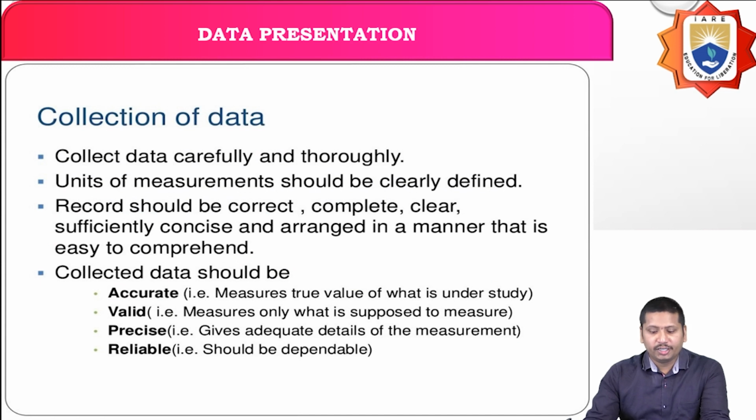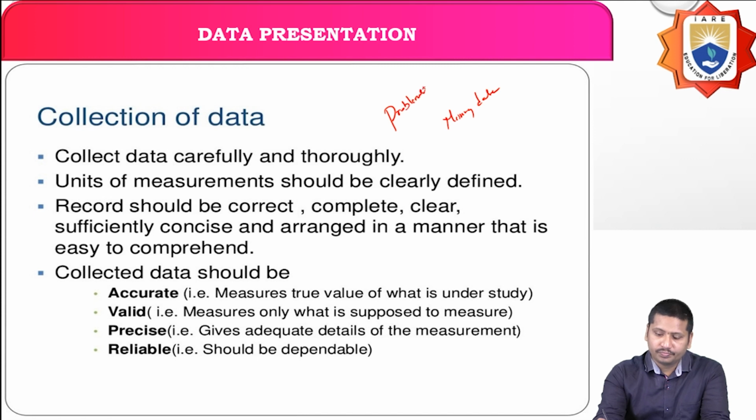Then collection of data. Here the data is collected very carefully. Even when the data gathering is good, there may be a chance of getting missing data. So the problems that may come are missing data, wrong data, and insufficient data.